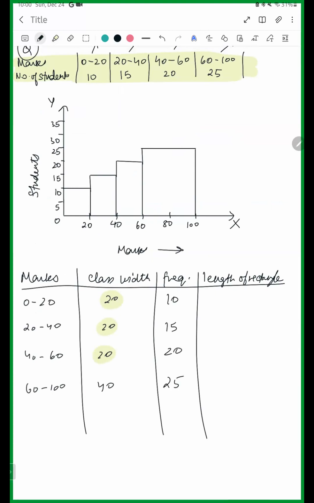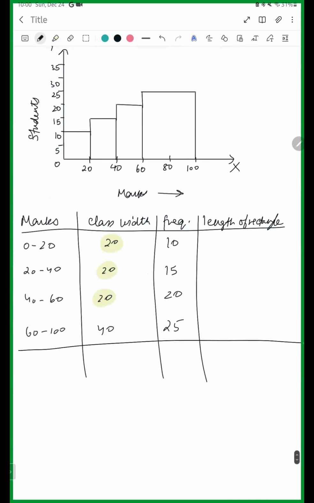Now length of the rectangle is equal to frequency by class width into minimum class width. I'm just going to write CW.